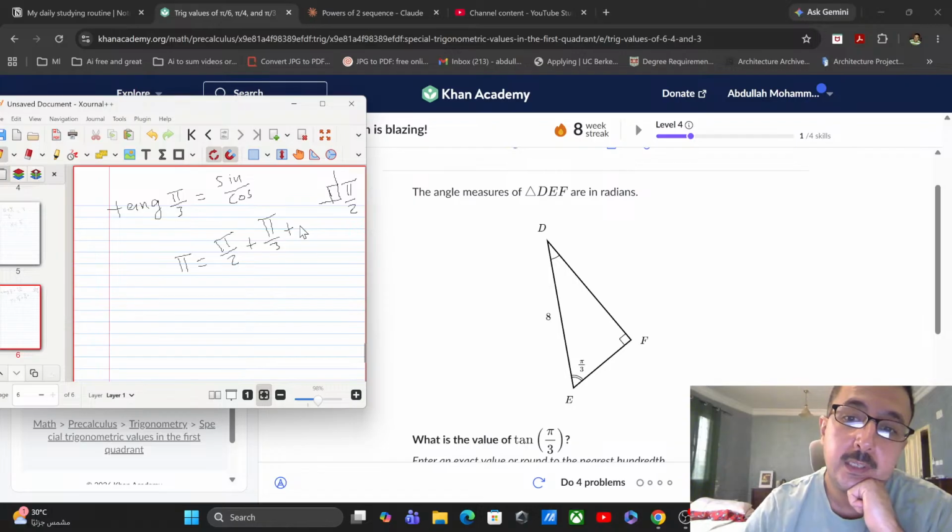Angle EDF. Am I writing it correctly? Am I correct? Okay. So what's going to happen is it's going to be pi minus pi over 2 minus pi over 3. It's going to give me the measurements of E, D, F.